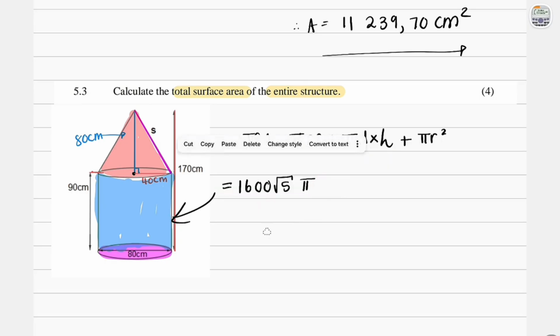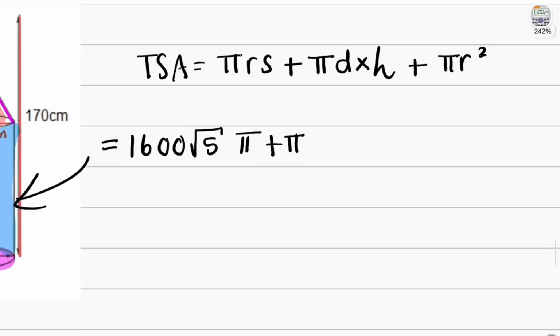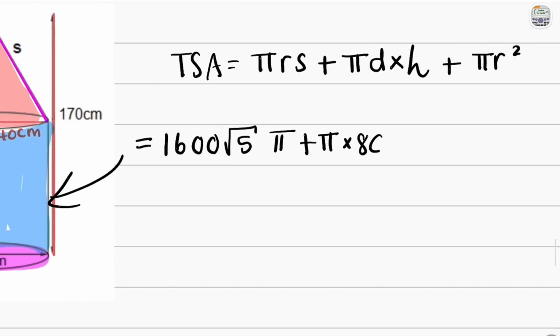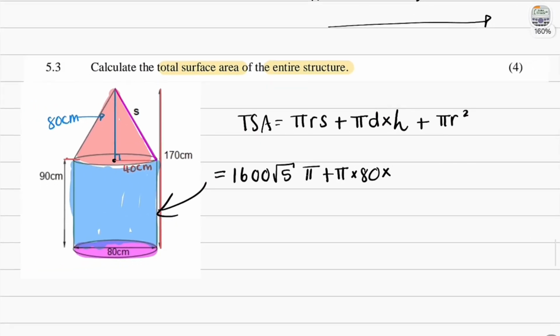Then plus pi, multiplied by the diameter, which is 80 centimeters, and then by the height of this cylinder, which is 90 centimeters. Let's just use brackets so these ones are together, and then plus pi r squared, which is pi, and the radius is actually 40, squared.